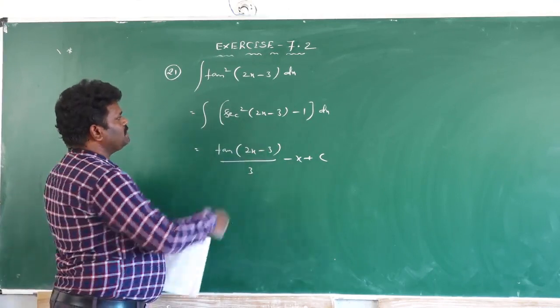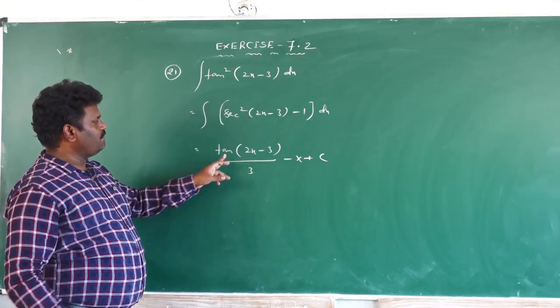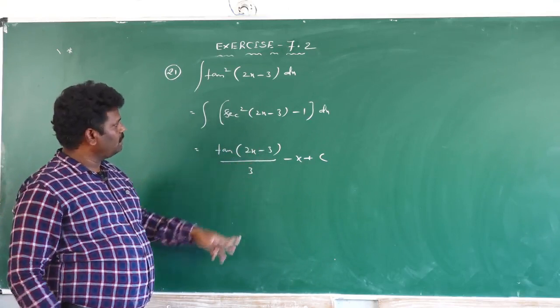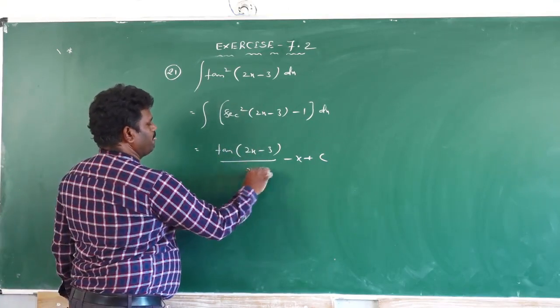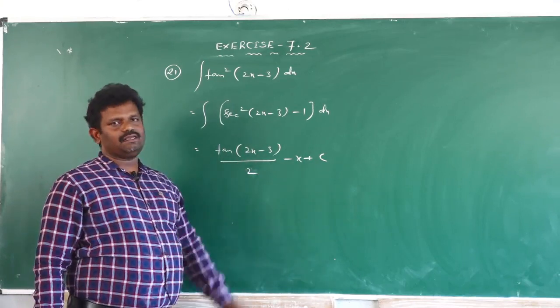Now the integral of secant square x dx is equal to tan x, so we write tan 2x divided by the derivative, 2, minus x plus c.